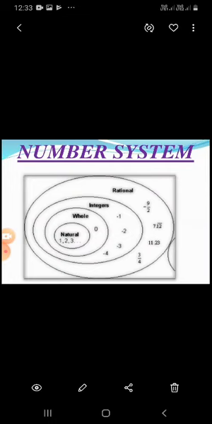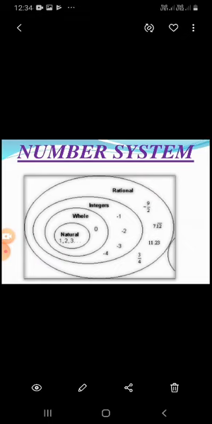Now when we come to the number system, as you can see in this round box, the middle one is the natural numbers. Natural numbers are the set of numbers that starts from 1 to positive infinity, that means 1, 2, 3, 4, 5, 6 up to infinity.